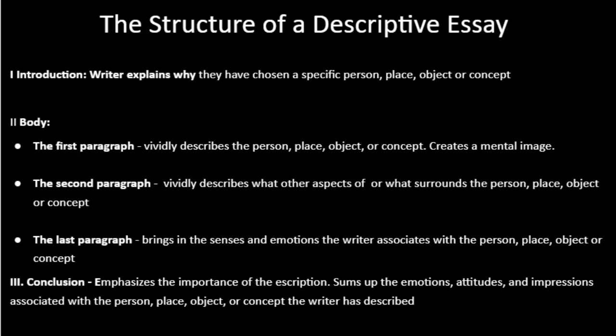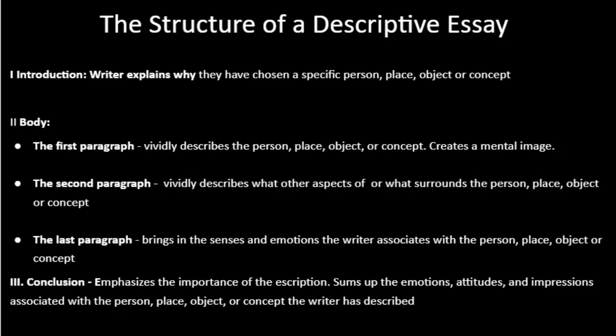The second body paragraph, you might go into describing other aspects of that person, place, object, or concept, or maybe describing what surrounds it. You know, what are the surroundings of that person, place, object, or concept, and bring those surroundings or background into detail. And in the last paragraph, you want to convey a sense of emotion.